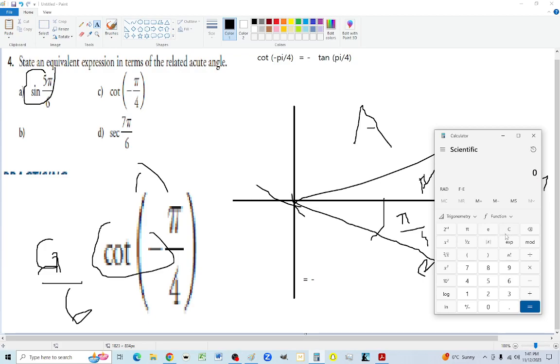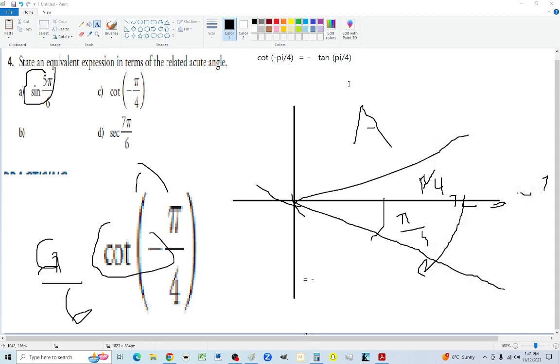Now let's do the quadrant 1 acute angle, which is pi divided by 4. And if we hit tangent, look at that. It comes out positive, which is why we have to make it negative. So by slapping a negative here, we're making these equivalent.